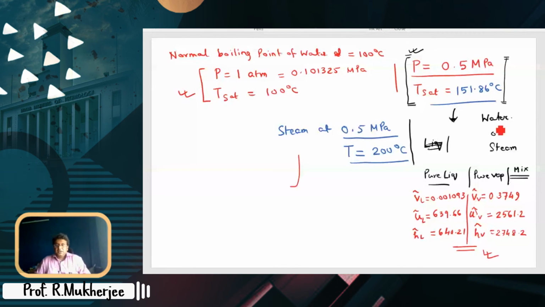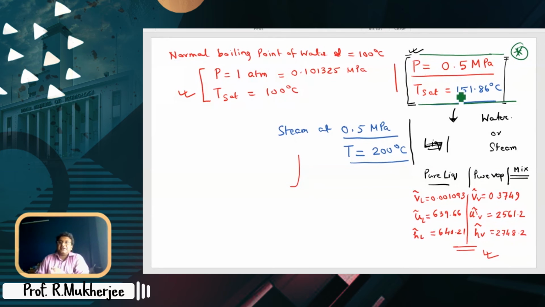Fine. So let me ask another important question. If only this information is given, can you conclude whether you have pure water or pure vapor? If only this information is given, that you have some water or steam which has this pressure and this temperature.